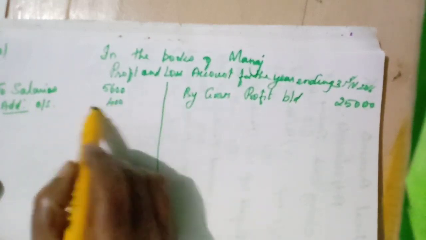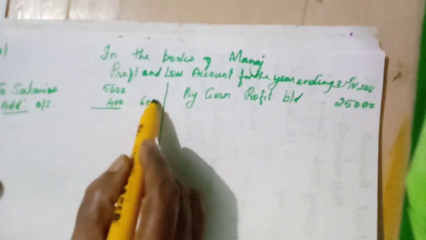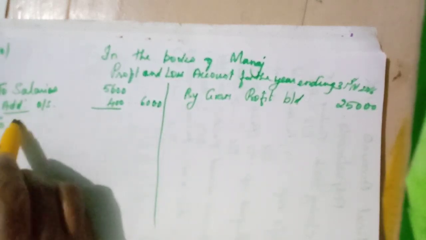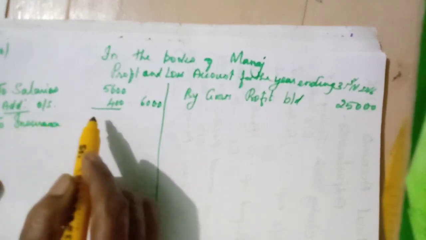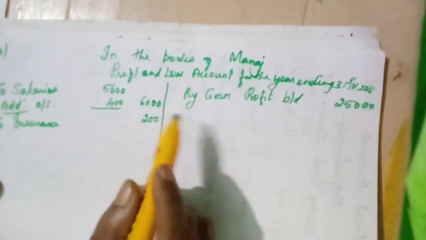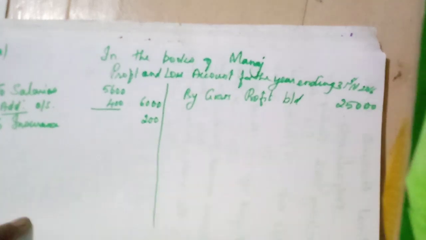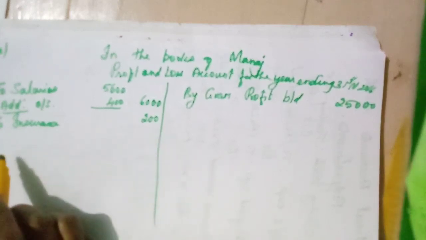So total 6,000. Straight to this one you have to write 6,000. Then insurance. All these are expenses. 200. No adjustment. For insurance there is no adjustment, so we can write the amount in the outer column.